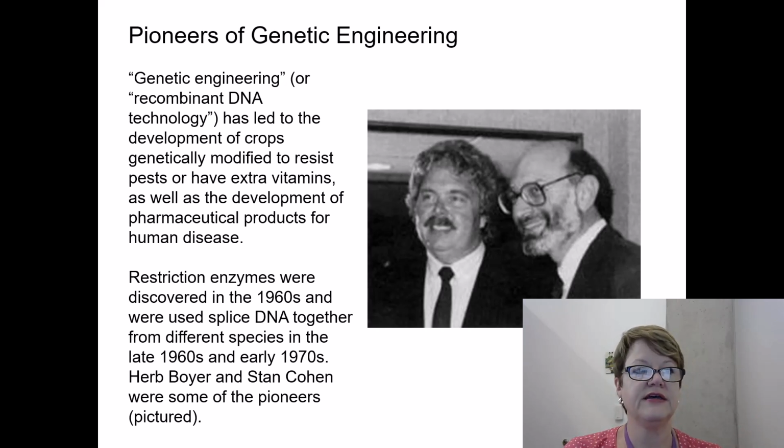And then because multiple types of DNA could be cut with the same enzyme, they could actually be connected together in the test tube, and then you could combine DNA from different species and really different kingdoms. You could combine a virus chromosome with part of a human gene. You could combine a bacterial chromosome with a plant gene.